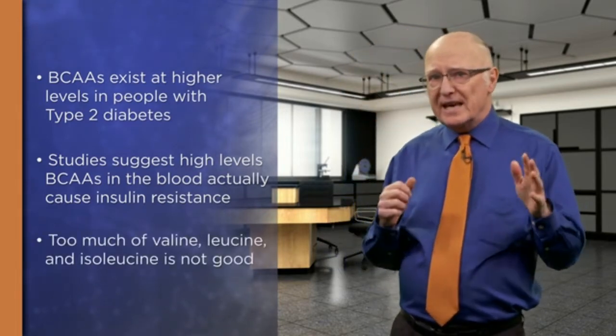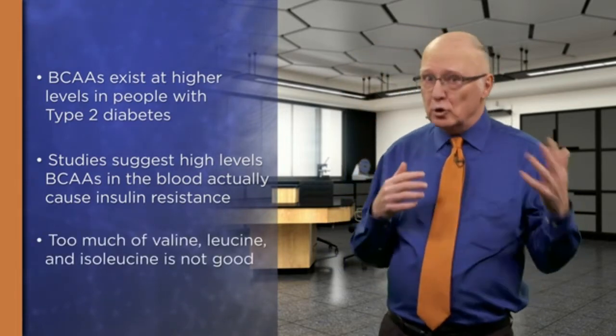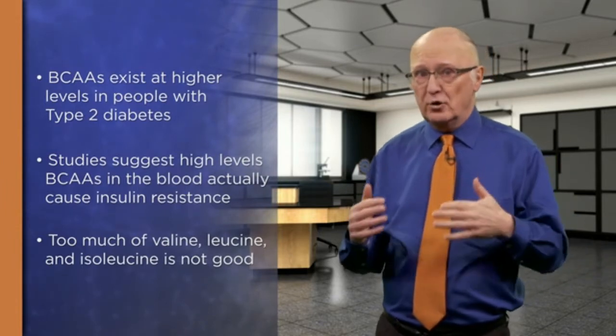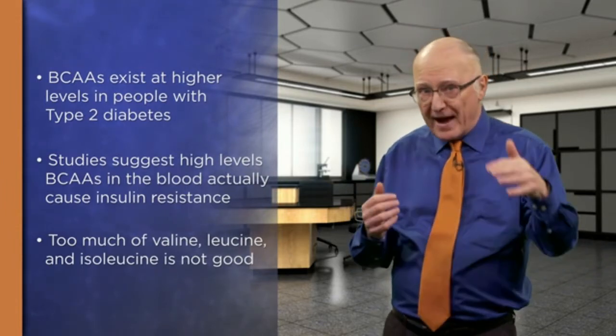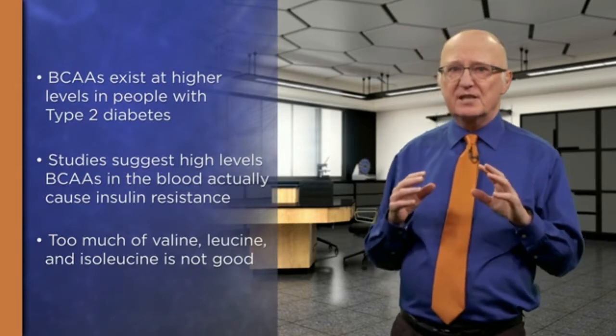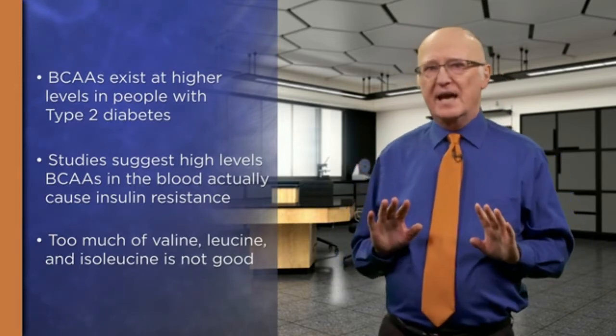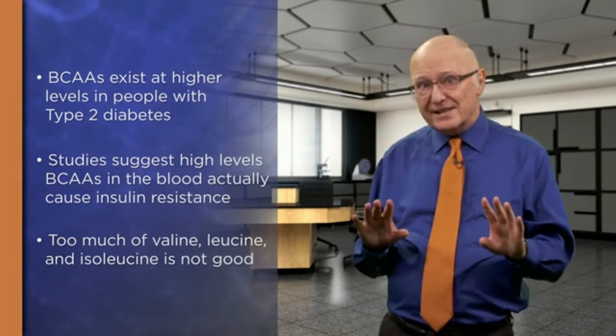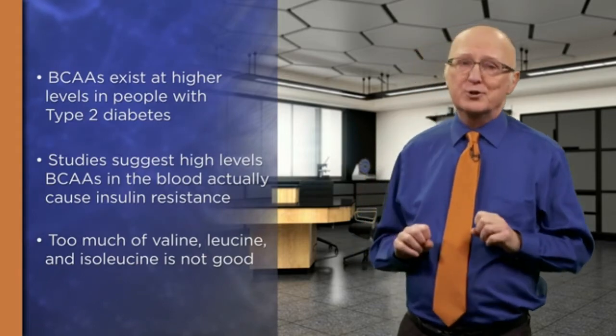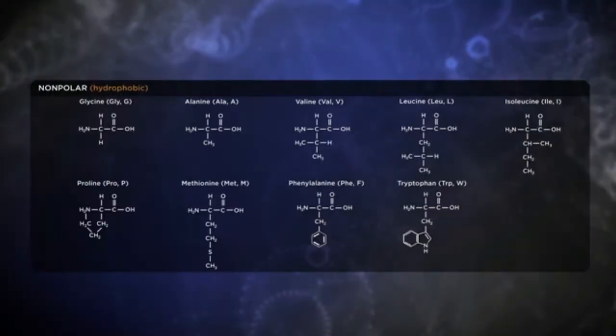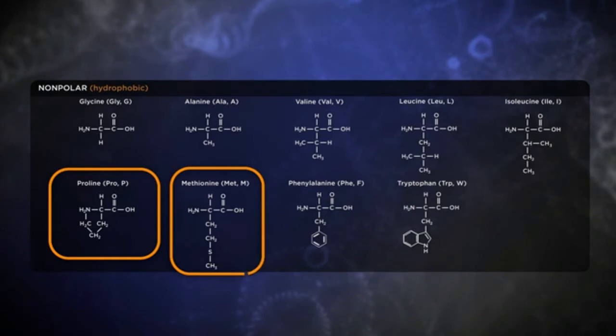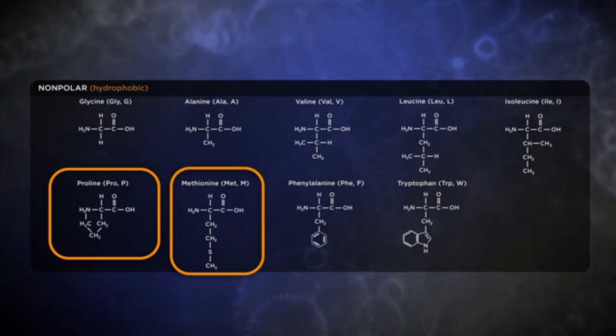So it would seem that getting too much of valine, leucine, and isoleucine is not a good idea. In fact, experiments in mice have suggested that a diet low in BCAAs promoted leanness and improved control of blood sugar.